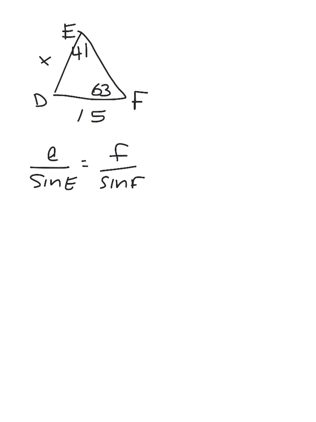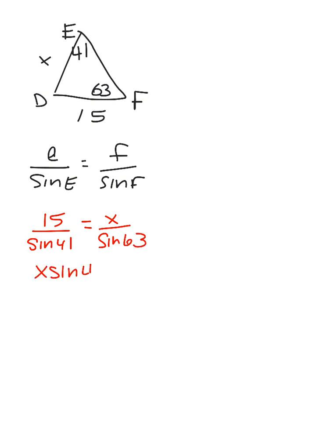So that would be 15 over sine of 41 equals x over sine 63. Cross multiply, we get x sine 41 equals 15 sine 63.